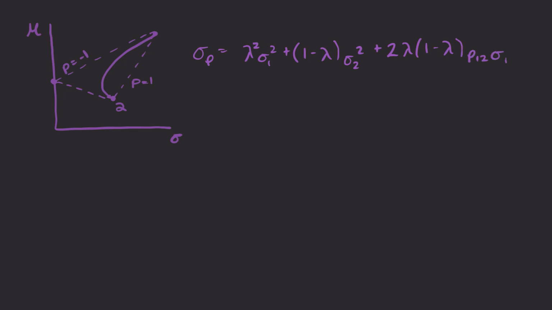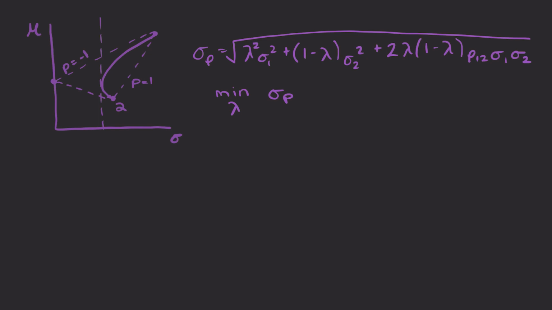And so what I can do is I can minimize this with respect to lambda. I want to choose the portfolio that gives me the minimum variance. On the picture, it's going to look like this. And so if I take the derivative, it's going to look more complicated than it really is. Basically, I have this whole thing to the 1/2.